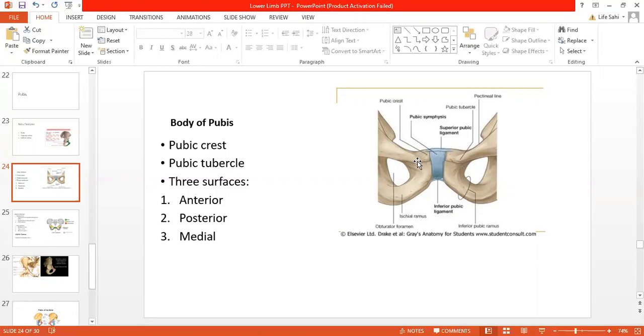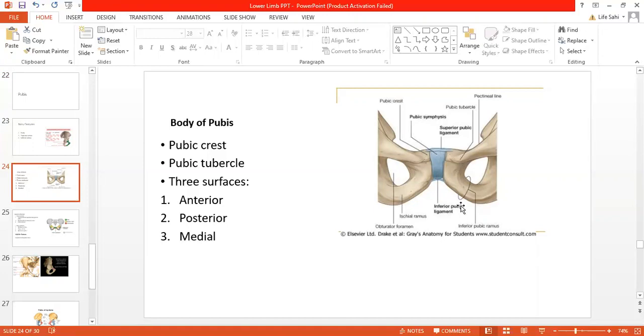Lateral to it is a circular small bony projection called pubic tubercle. This pubic tubercle is of great clinical significance, and it's a very, very important landmark in the region of pelvis.